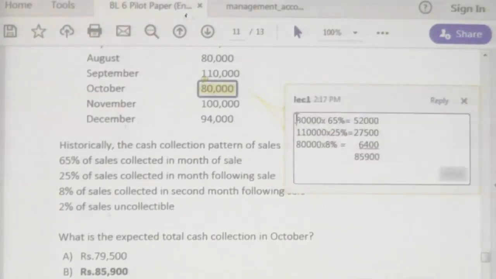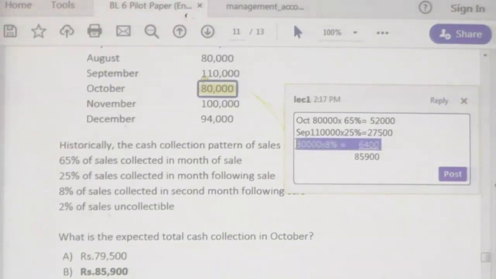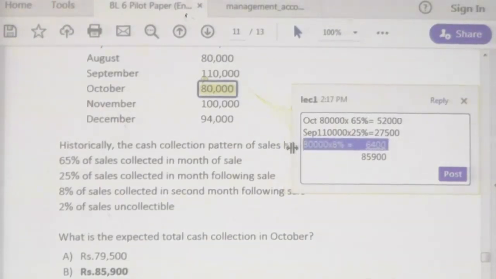Therefore, total collection in October is 85,900. 65% can be collected from October itself, then 25% can be collected from the previous month, that is from September, then another 8% can be collected after 2 months. Therefore, in October you can collect 2 months ago sales, that is from August.